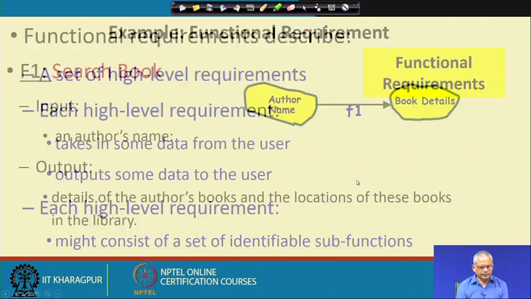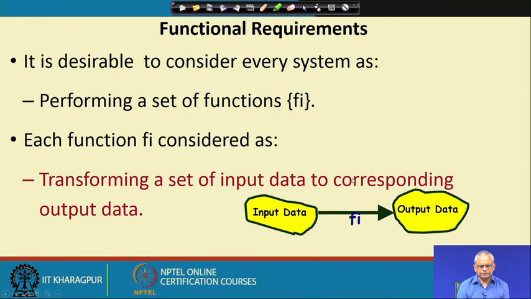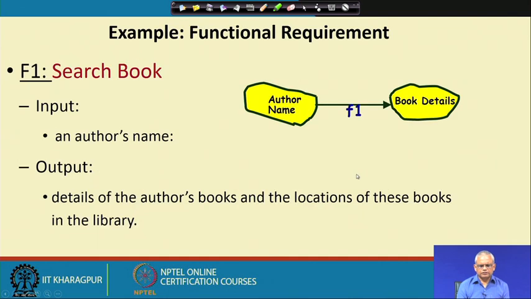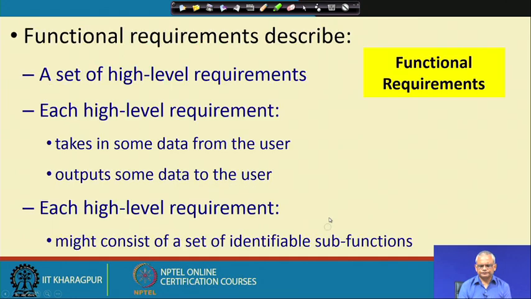Now, let us take some example. Let us say the search book. The search book, let us say it takes the author's name. So, then we can write the input is author name and the output is details of the author's books and the locations of this book in the library.